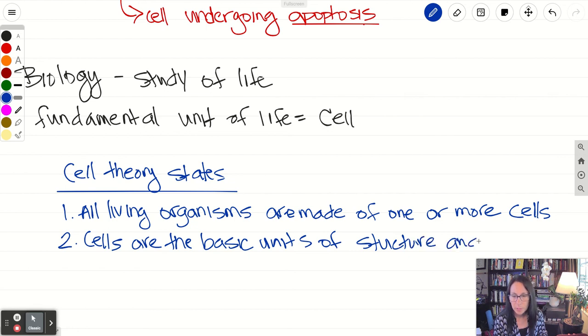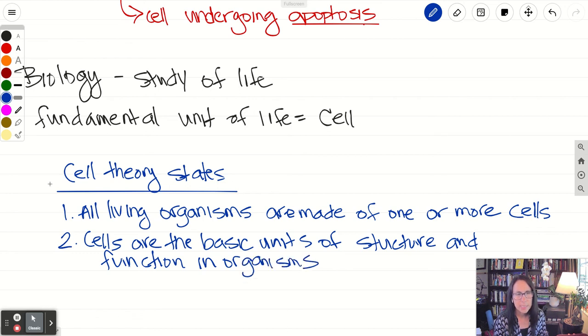Structure and function. So that means the shape and the physiology, like what makes you tick, and function in organisms. Okay, and I kind of already said that before.